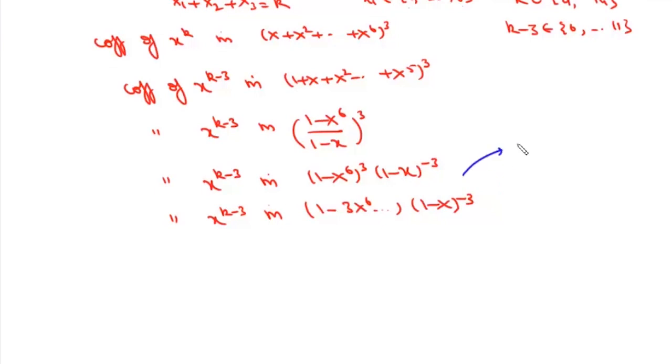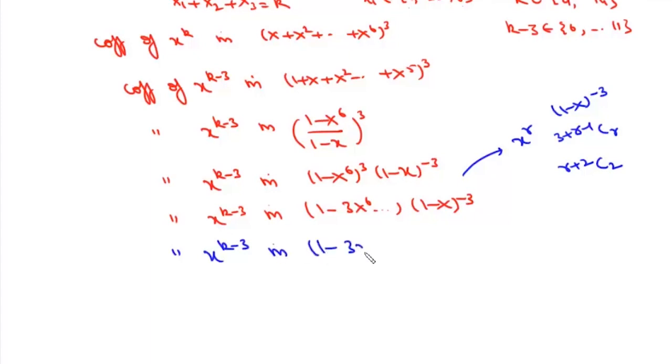Now we know that the coefficient of x to the power r in the expansion of 1 minus x to the power minus 3 will be n plus r minus 1 CR. So there will be 3 plus r minus 1 CR, or we can write this as r plus 2 C2. So it will be the coefficient of x to the power k minus 3 in 1 minus 3 into x to the power 6, and then this binomial summation of r plus 2 C2 x to the power r.